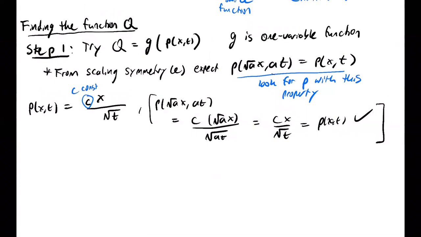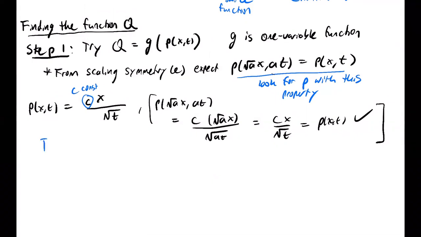The way mathematicians would have originally done this was just leave in c as it is, and then run the argument we're going to go through in a minute, and then check that there's only one constant for which this will work. What I'm going to do is just tell you.